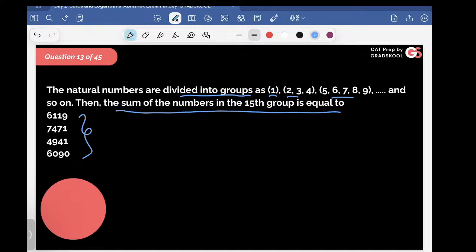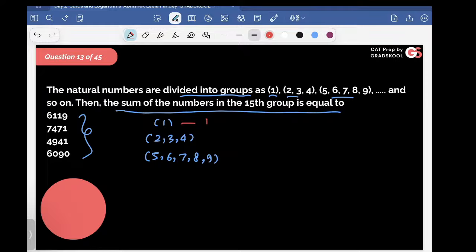अच्छा, हम ये कैसे डिवाइड कर सकते हैं? फर्स्ट ग्रुप is 1. Second group is 2, 3, 4. Third group is 5, 6, 7, 8, 9. How do we know कि ये groups कैसे बन रहे हैं? We can see it.